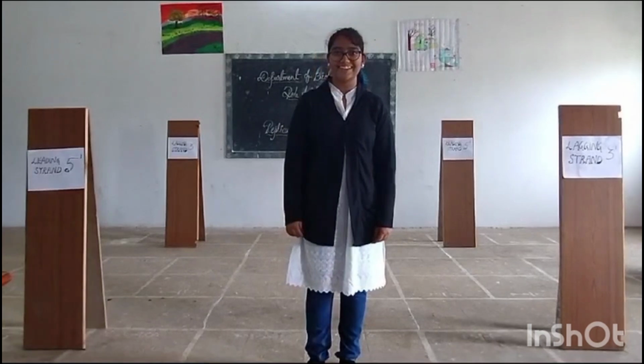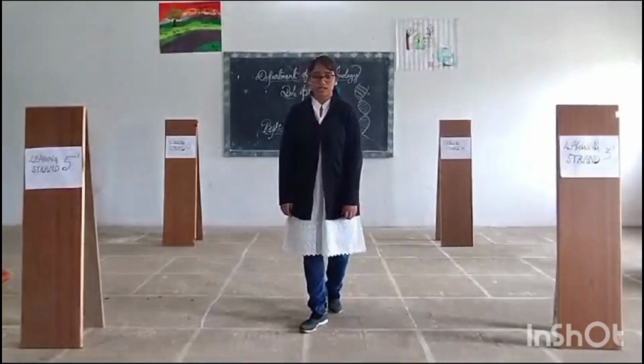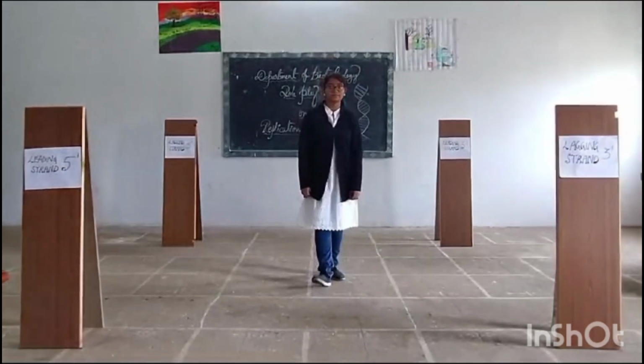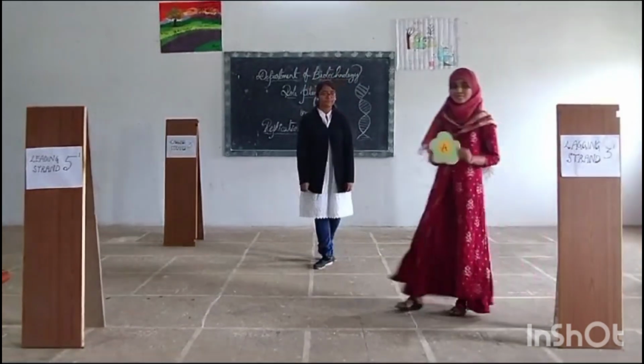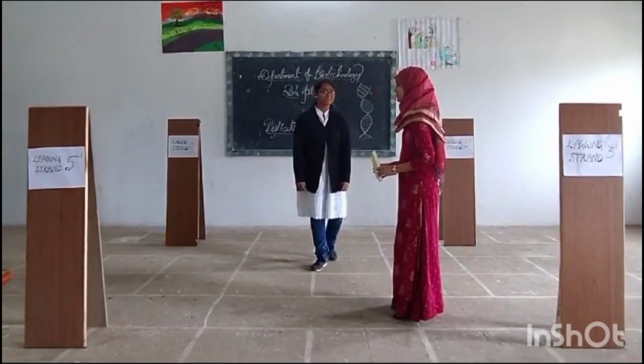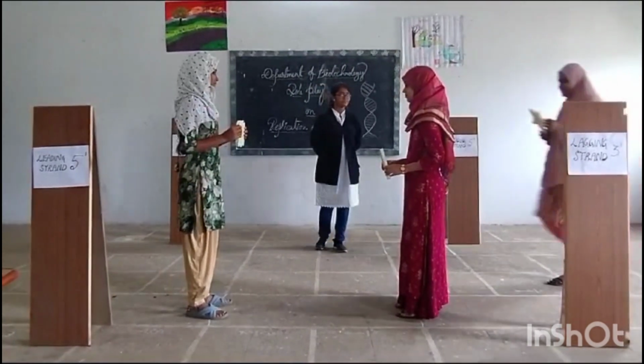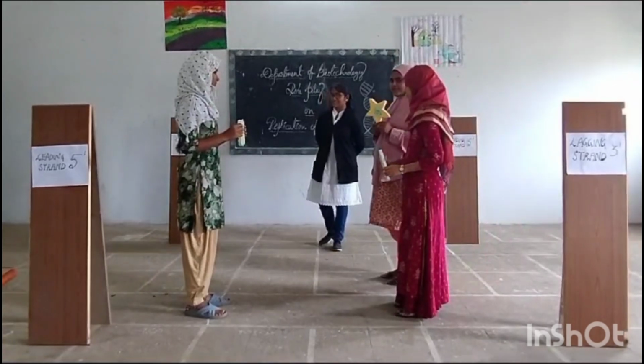And let's get started. DNA has 4 nucleotides, and they are adenine, thymine, guanine, and cytosine.